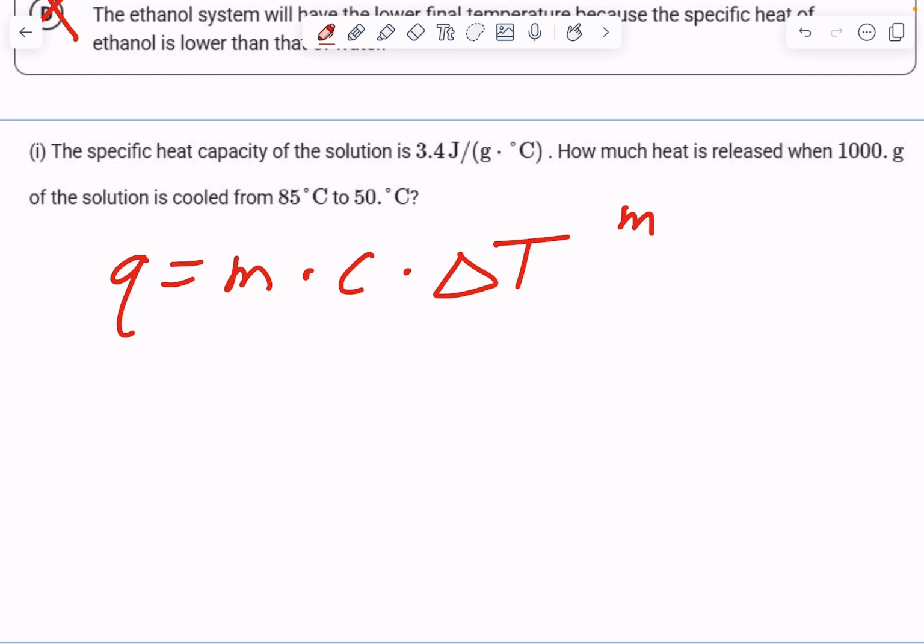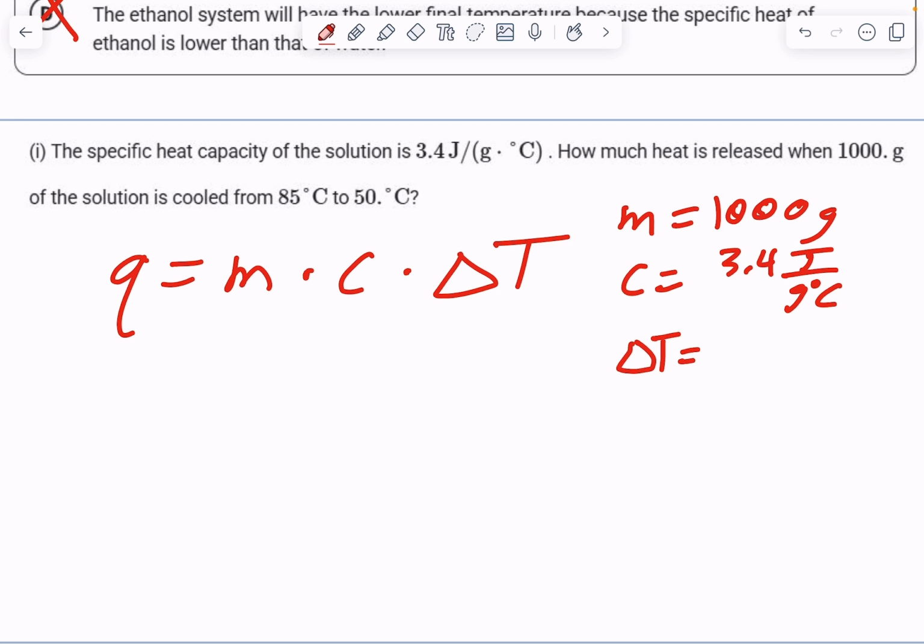Listing that all off, mass is 1,000 grams. The heat capacity is 3.4 joules per gram degree Celsius, and those units are important. And finally, delta T is going to be the final temperature minus the initial temperature. The final temperature was 50 degrees Celsius because this cooled down.